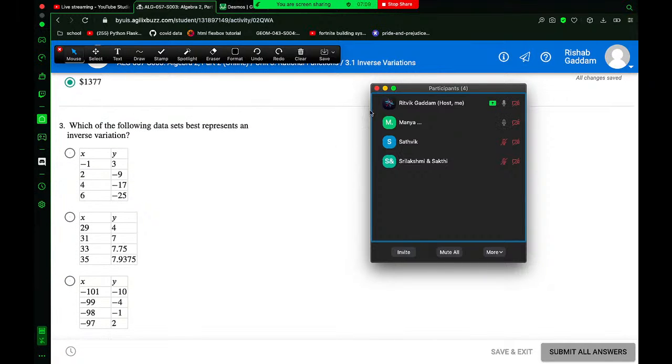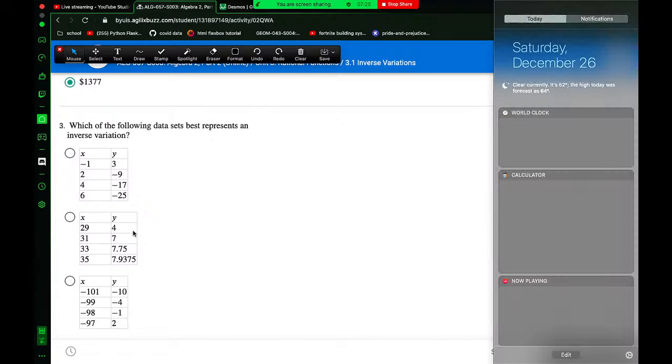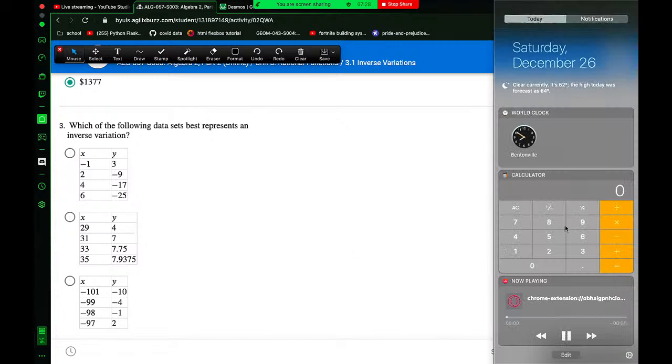Let's find out. Let's try to find what equation this is. When it's -1, it's 3. And when it's 0, let's find what it is. This goes up every two things. Let me use the calculator: 17 minus 9 is 8, and 8 divided by 2 gives 4 every time. So this is going to go down 4.